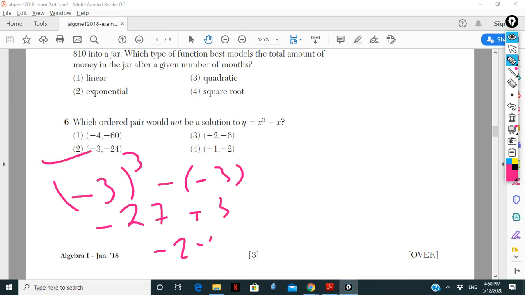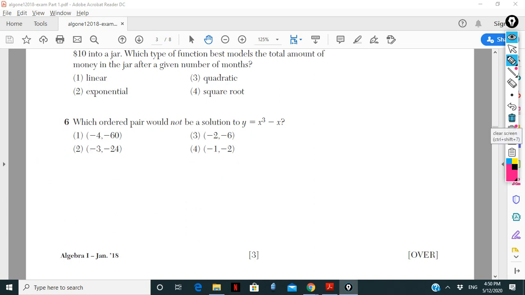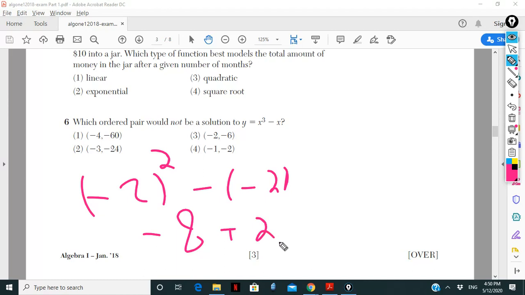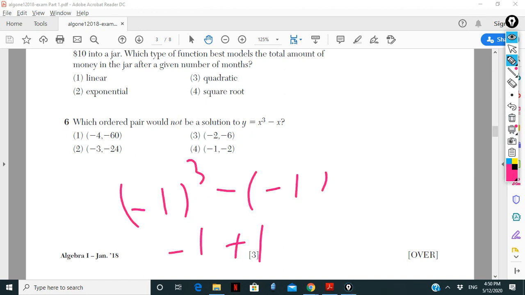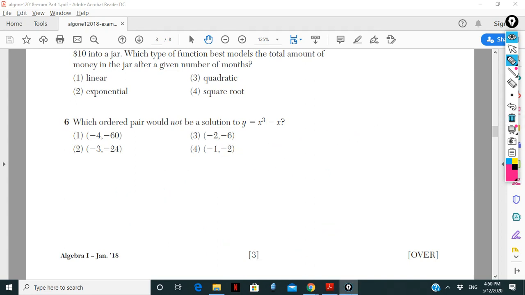So number 2 is also correct. I'm checking number 3. Negative 2 cubed is negative 8, plus 2, which is negative 6. It's also correct. Now I'm checking the last one. Negative 1 cubed is negative 1, plus 1 giving me 0. So number 4 is the correct answer because it's not part of the solution.